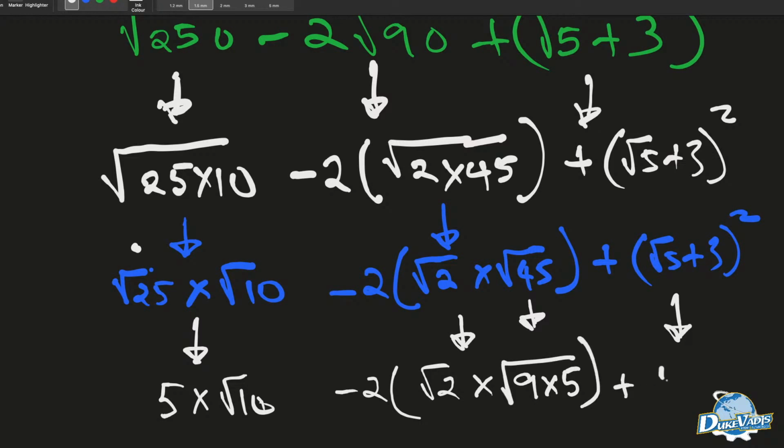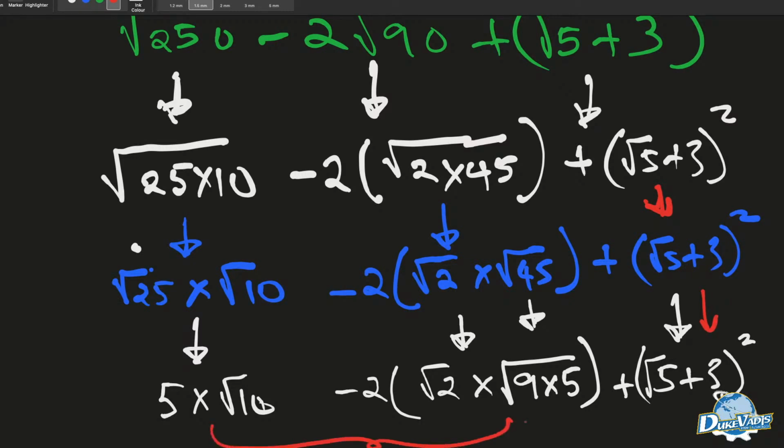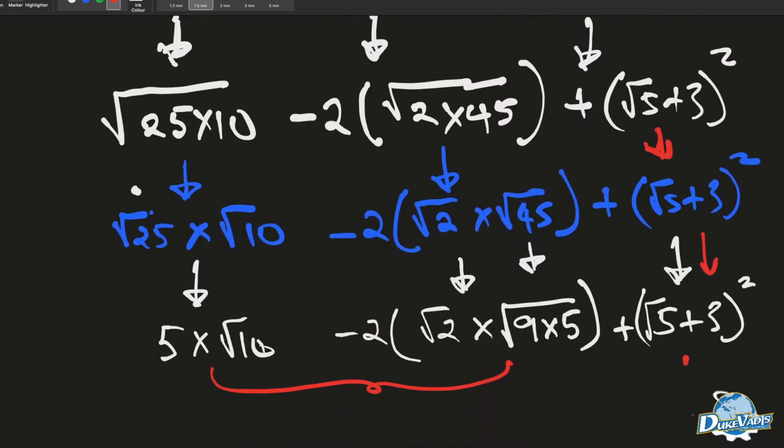And this we still haven't touched: it's surd of 5 plus 3 squared. We'll come on that. You see that all this while, I haven't touched this and that at all. After I've dealt with this and that, then the concentration will come on that. So it makes life easier.